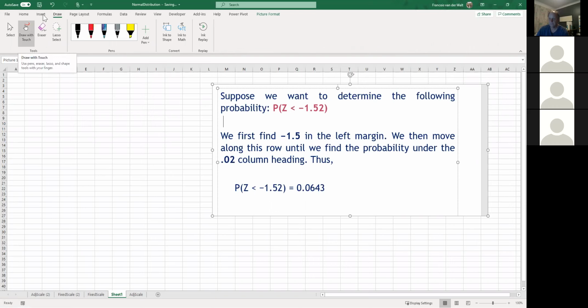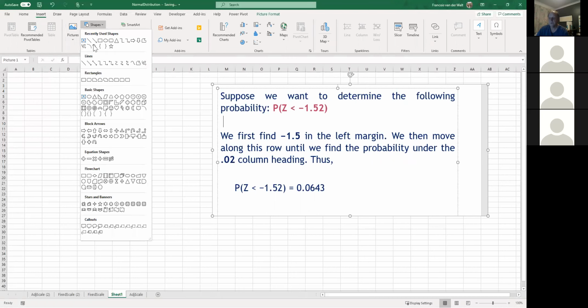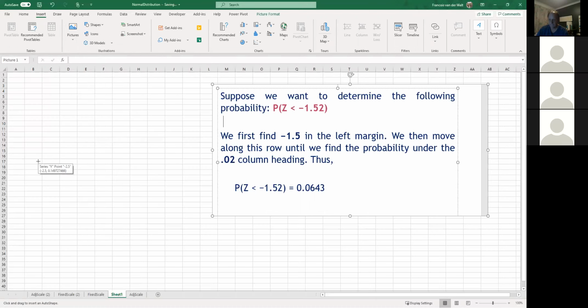Insert. I'm going to insert a shape. The shape I'm going to insert is this one, I think. Okay, let's try again. This was not a good one.